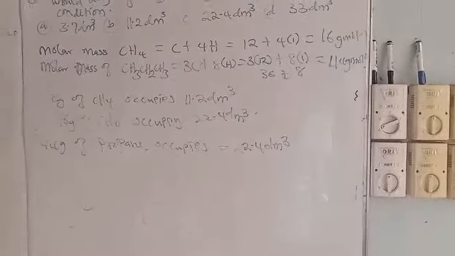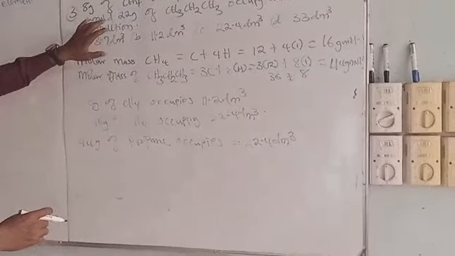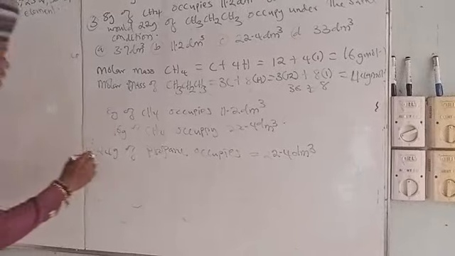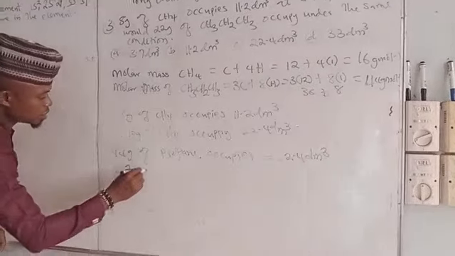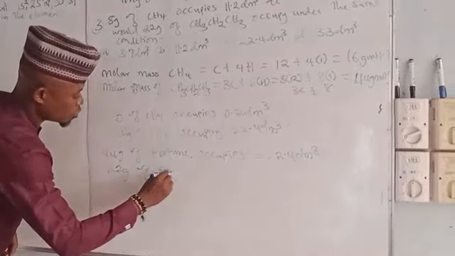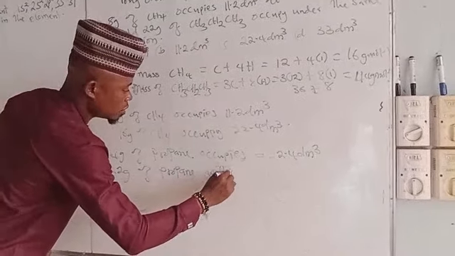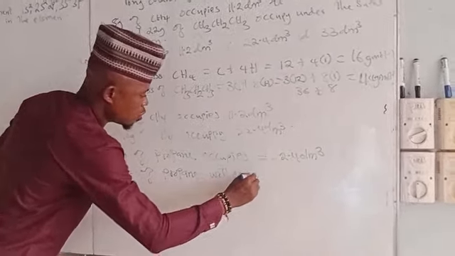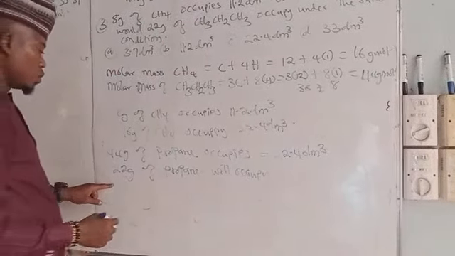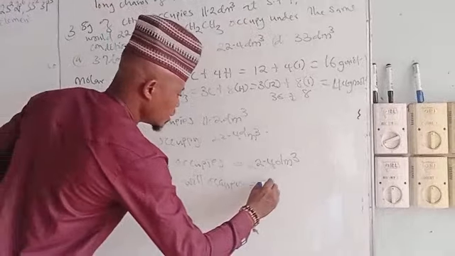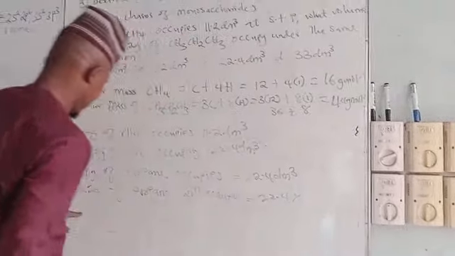Now the question is, what volume would 22 grams of propane occupy? 22 grams of propane will occupy 22.4 times 22 divided by 44.